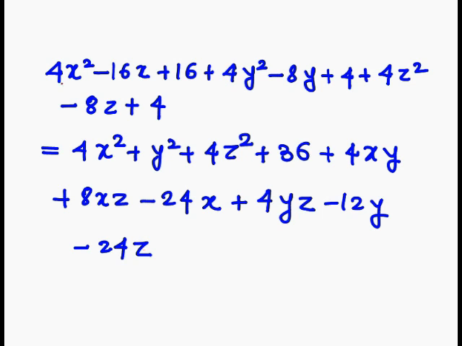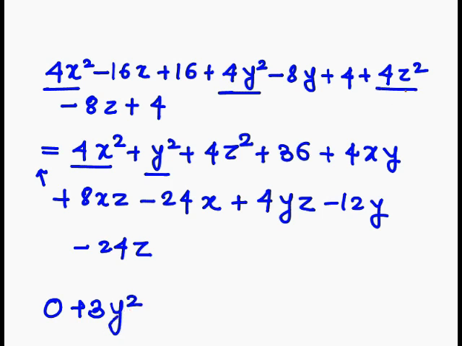So 4x square and this 4x square, all the terms from this side get sign change. So 4x square minus 4x square, we get 0. Now we focus on the y square term. So here what we have is y square, here what we have is 4y square. So 4y square minus y square is 3y square. Now we focus on the z square term. 4z square minus 4z square, we get 0.